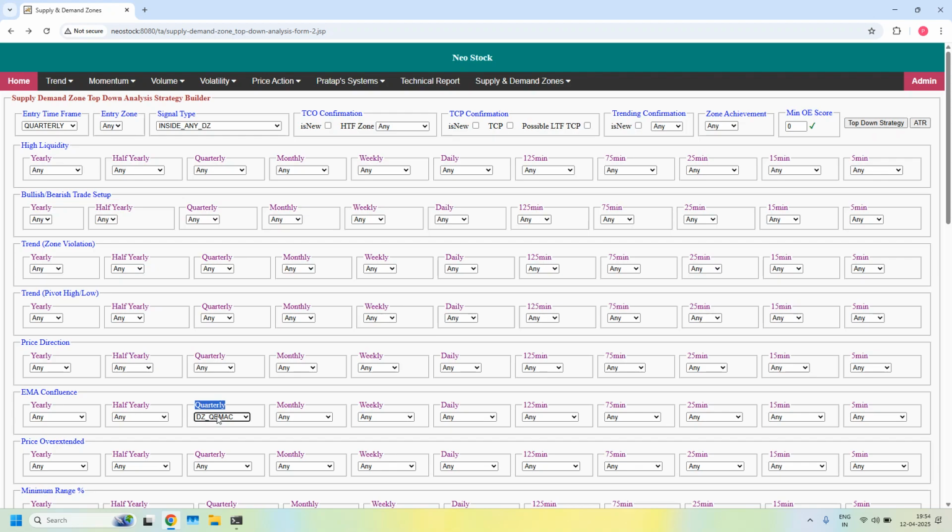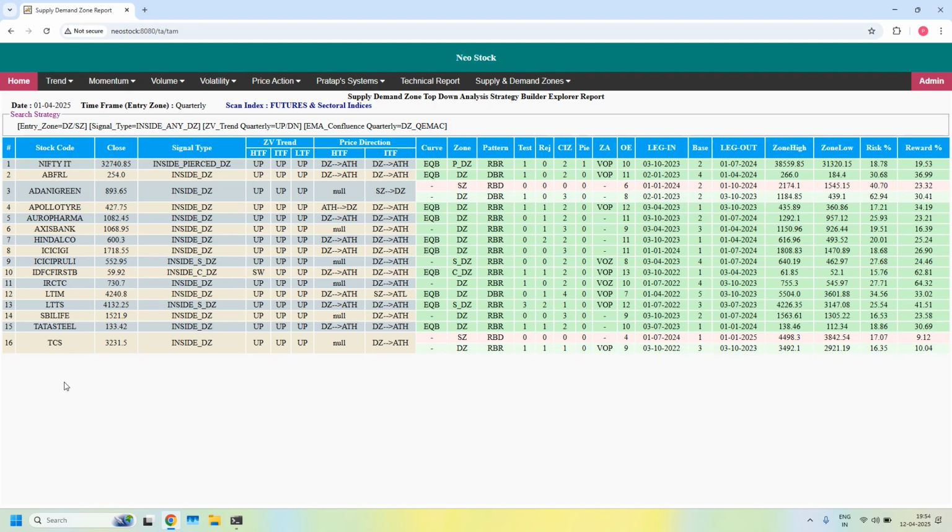When you are using EMA confluence, the trend on the time frame should not be sideways. That is the reason we don't want a sideways trend on the quarterly; we want either up or down. So 16 stocks are filtered. TCS is also here, earlier also listed in half yearly. That means it might have overlapped with the half yearly zone.